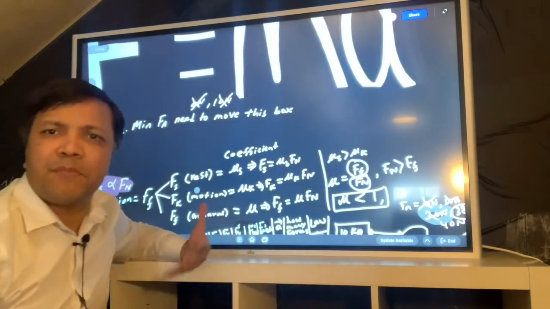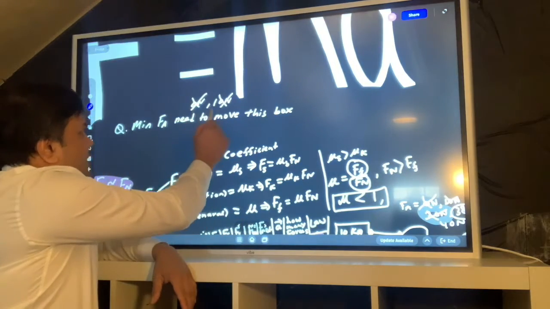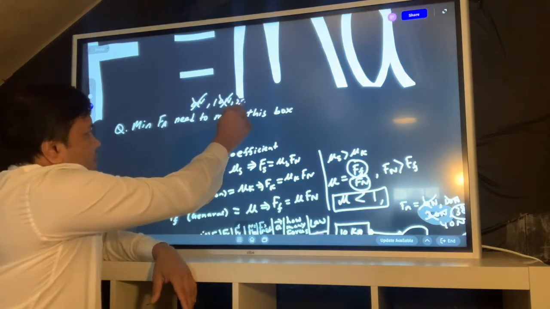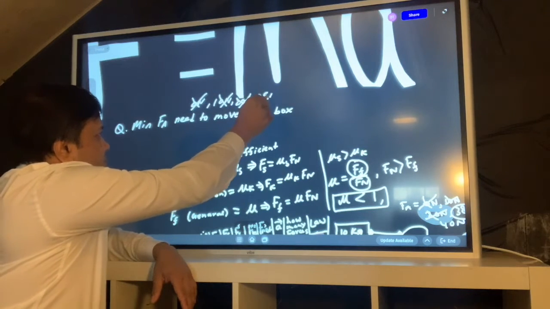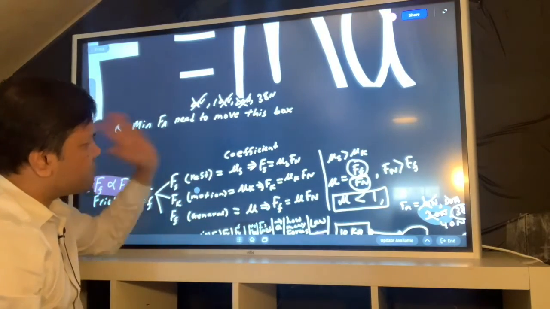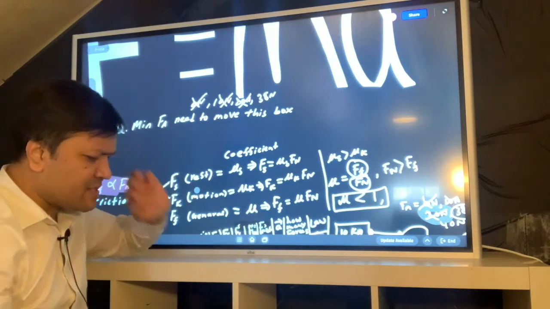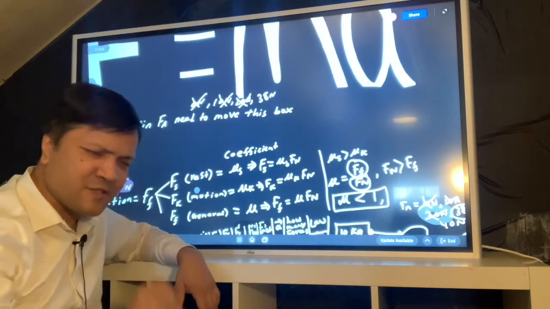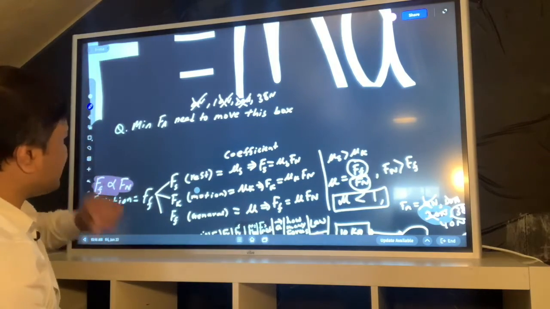Mr. Barry badly wants to know that, because 0 Newton fails, 10 Newton fails, 20 Newton fails. Now he is about to do 38 Newton, but this is kind of a waste of time. So instead, he wants to know the minimum force he needs to apply so that the box is moving.